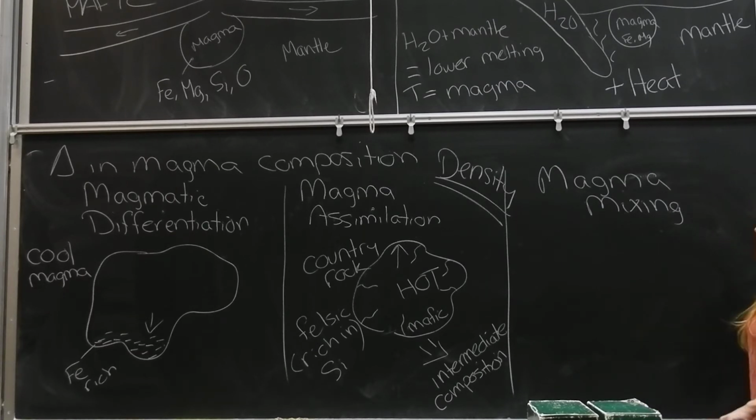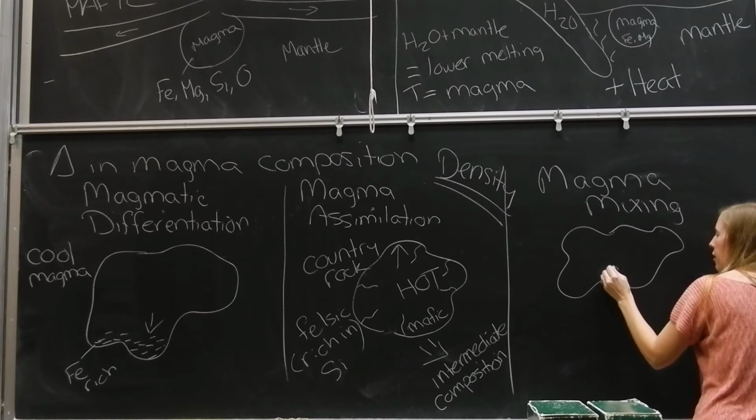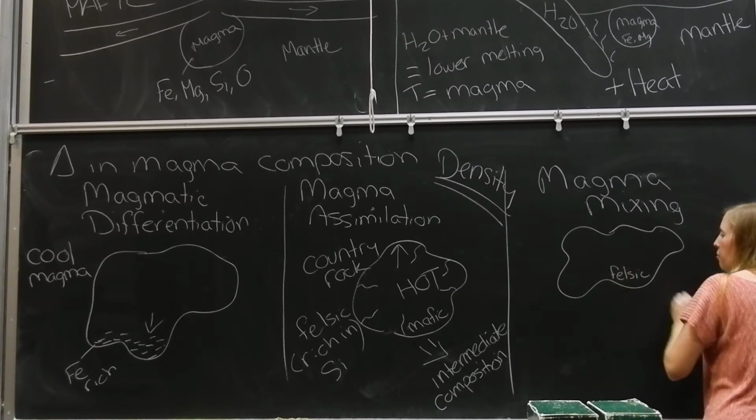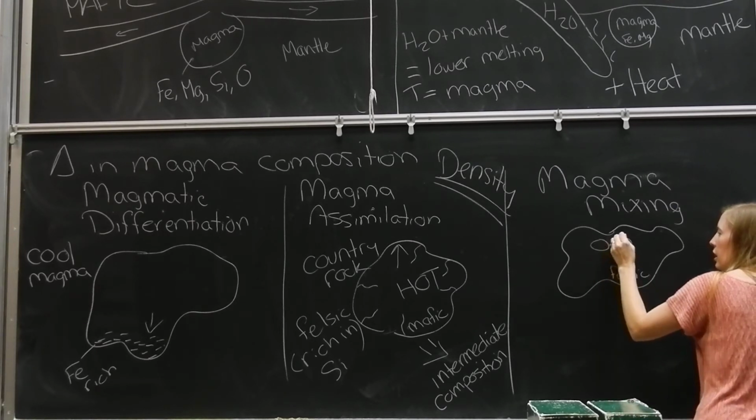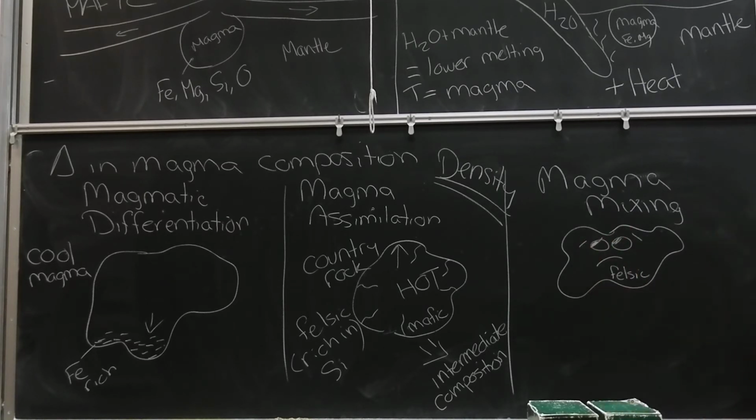And then we have our magma mixing. So say we have a felsic magma sitting here. He's kind of upset. Nobody wants to hang out with him. Then we have this mafic magma that's like, hey, this is great. I'm really close to this other guy. I'm going to go say hi.